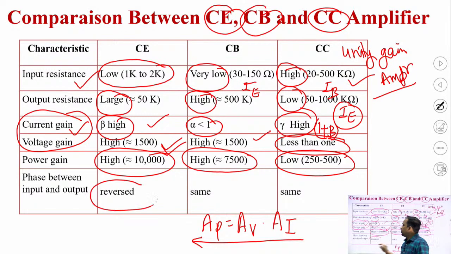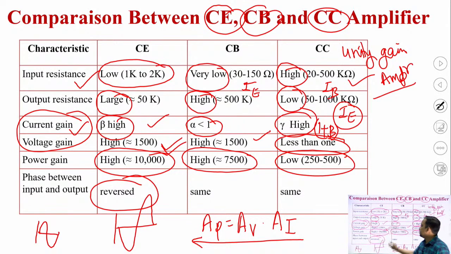Also there is a phase reversal. Phase reversal means that the input and the output signals have a different phase. In the common emitter configuration, if we apply a signal like this, we get a signal which is 180 degree phase shifted. That's why it is called phase reversal.